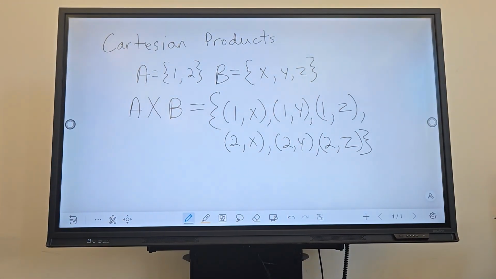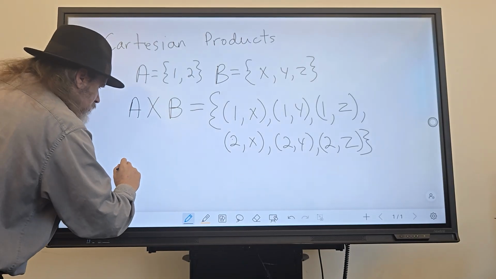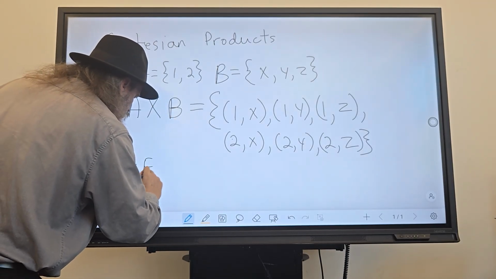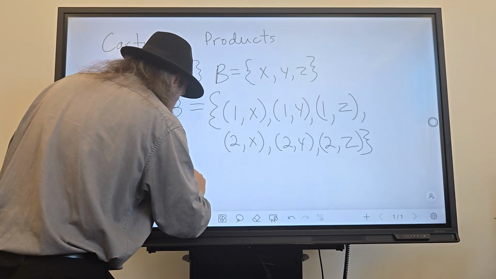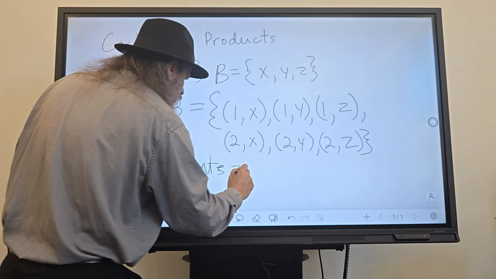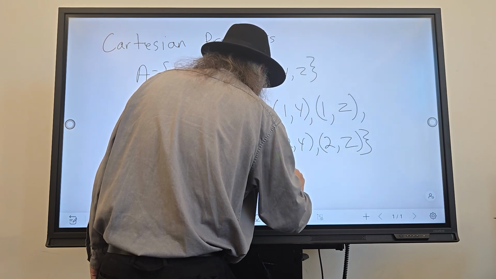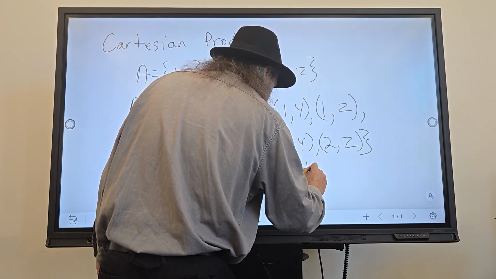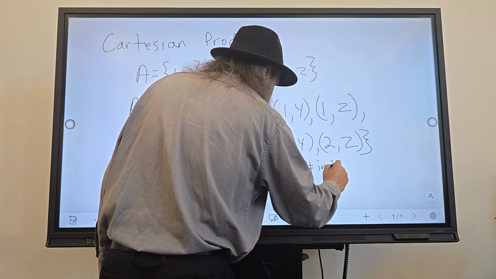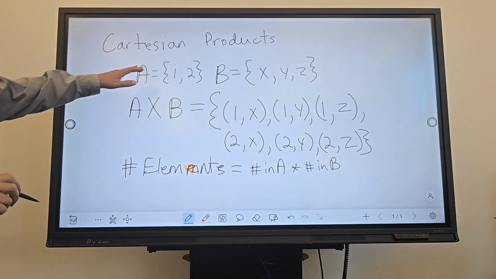So the number of elements in the Cartesian product is the number of elements in A times the number of elements in B. So we have 2 times 3 is 6.